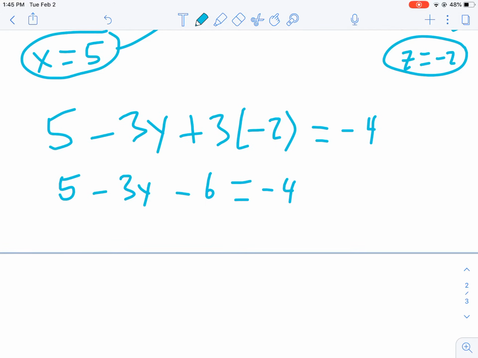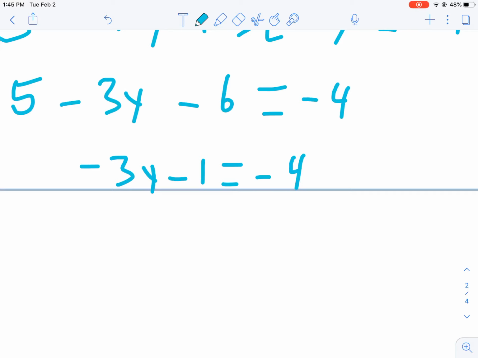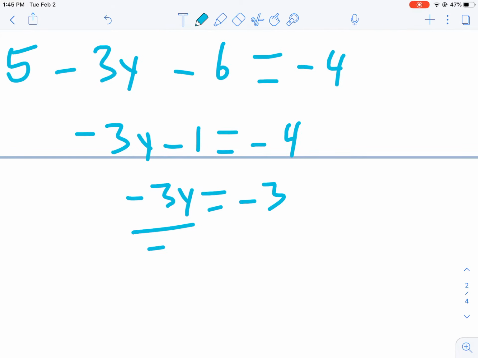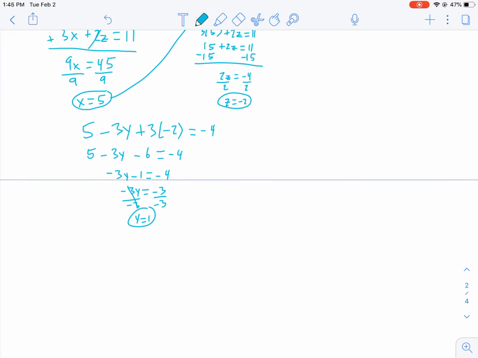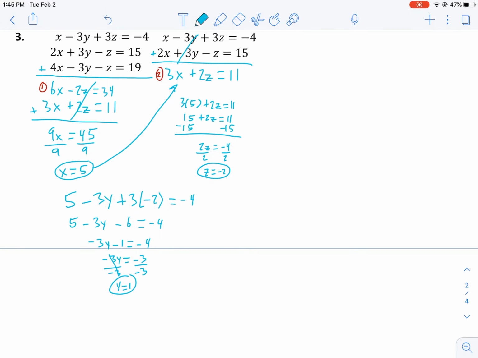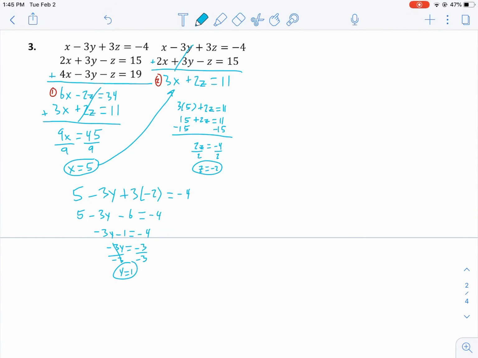Combine like terms. 5 minus 6, that's -1. So we got -3y minus 1 equals -4. Add the 1 over, and -3y equals -3. Divide by -3, and we get y equals 1. So that's basically the extent of the elimination method, okay?